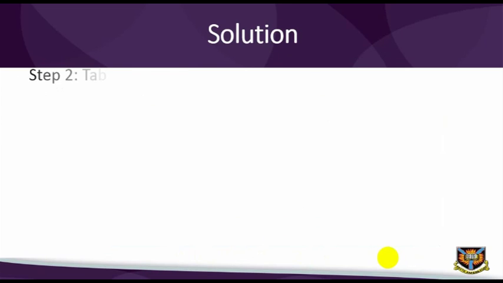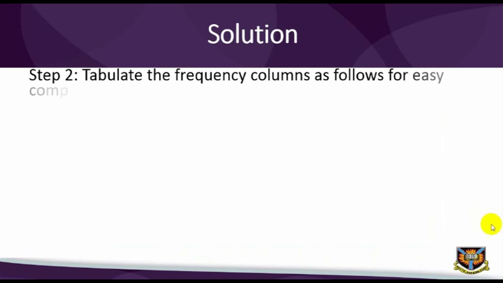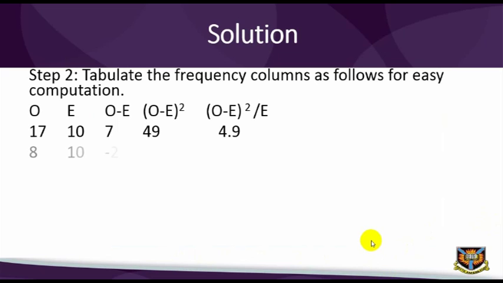Step 2. Tabulate the frequency columns as follows for easy computation. O: 17, 8, 5, 3, 12, 15. E: 10, 10, 10, 10, 10, 10. O minus E: 7, minus 2, minus 5, minus 7, 2, 5.